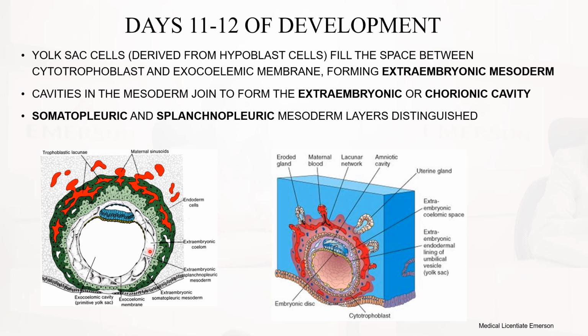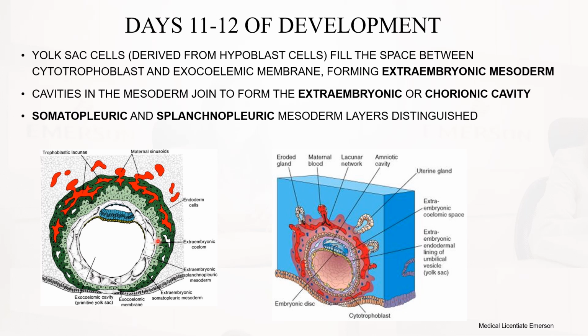Okay, that's what we are saying. The extraembryonic mesoderm begins to divide or is distinguished into two layers. Then the cavities of the mesoderm are known as the extraembryonic or the chorionic cavities. So remember this where the pointer is. That's where the extraembryonic mesoderm is, and the cavities of the extraembryonic mesoderm are the extraembryonic or chorionic cavity.